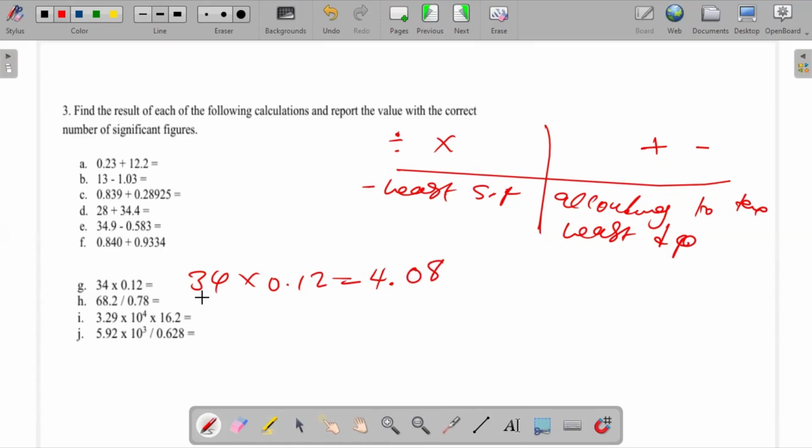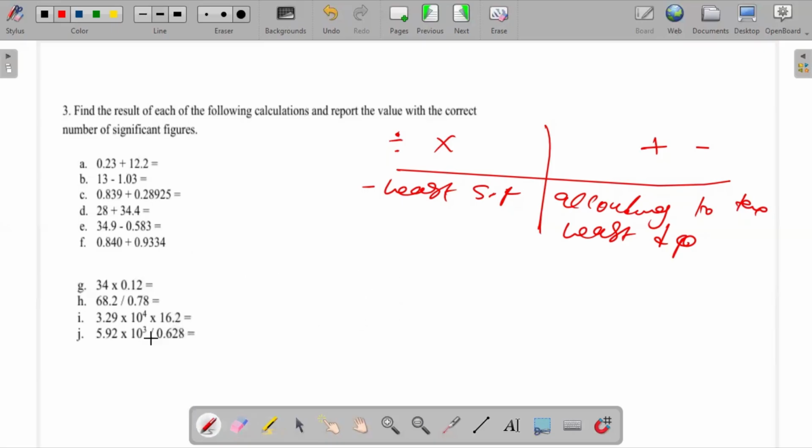Now, if you check this 34, how many significant figures is it having? 2. What of this one? 2. So it means that our answer should have 2 significant figures, isn't it? But here, how many significant figures are we having? 3. So what would be our final answer in this case? 4.1. Good. So 4.1. That's the final answer that you are going to get.